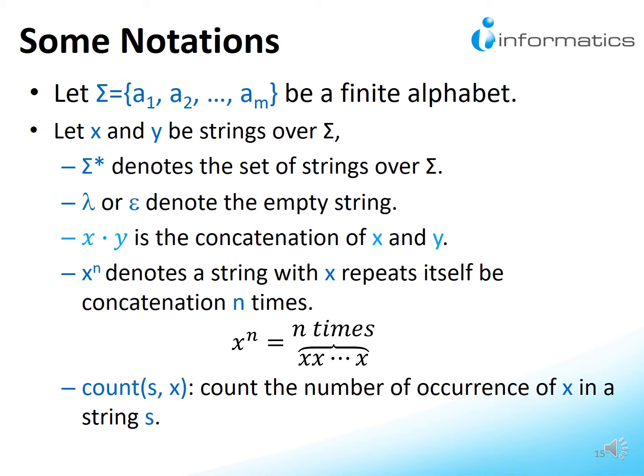Once we have the concatenation operator, we can define the power operator. X raised to the power n means x concatenated with itself n times. So x to the power 3 means x concat x concat x.